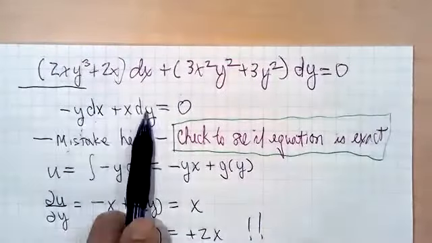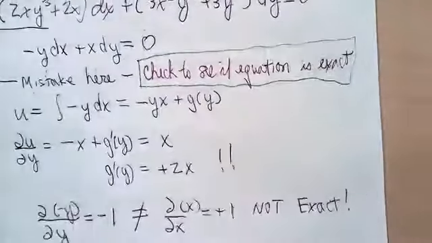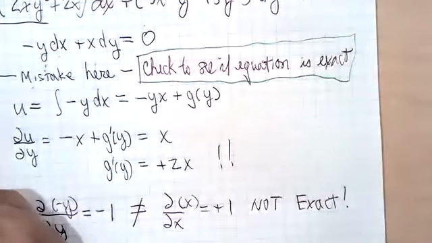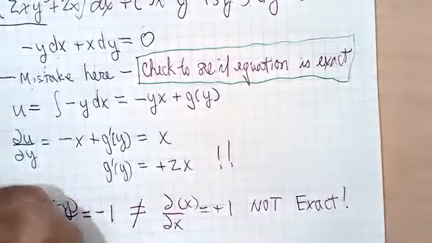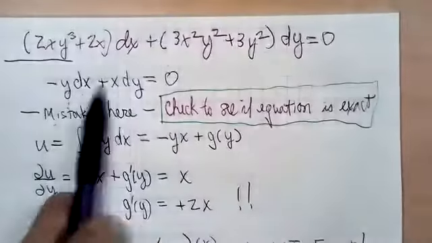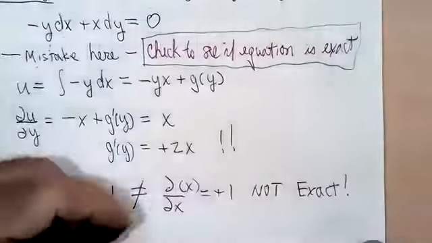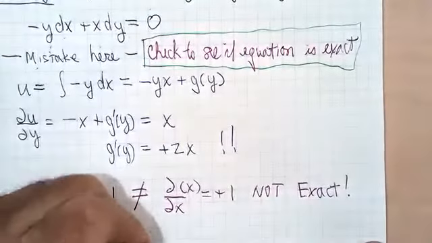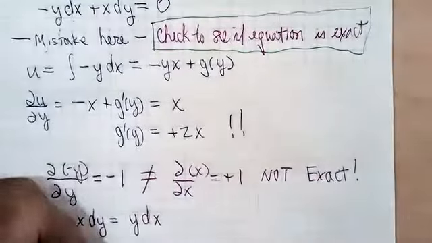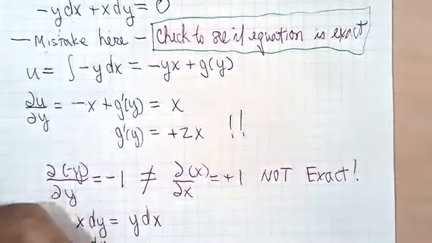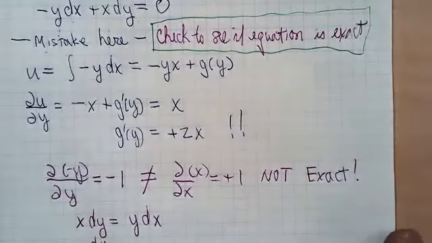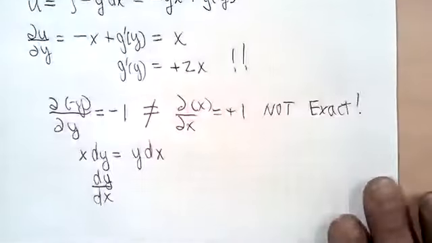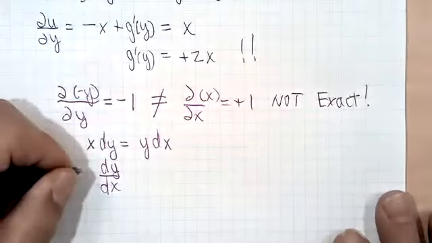Now, point number 2 is this. This is actually an incredibly simple equation. Let's see, we could write it this way. x dy equals, I'm going to put that on the other side, y dx. I'm going to divide each side by y.